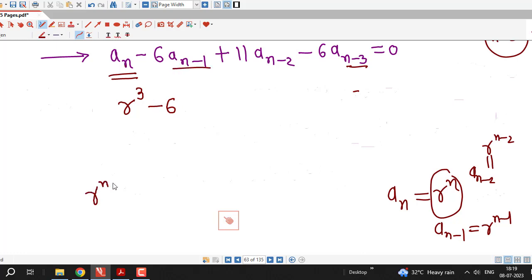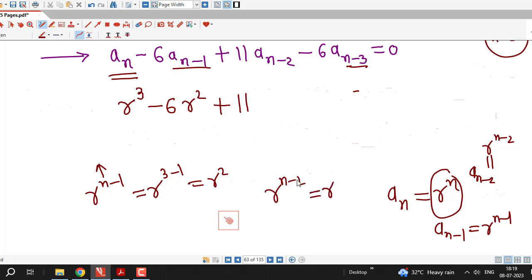An minus 1 will be replaced by r to the power n minus 1, and n is replaced by 3, so I am writing r raised to 2 or r square, plus 11 times an minus 2, replaced by r to the power n minus 2 with n replaced by the degree, that is 11 times r, minus 6 times an minus 3, replaced by r to the power n minus 3, and n replaced by the degree, which is 3, so I have r raised to 0, that is 1.